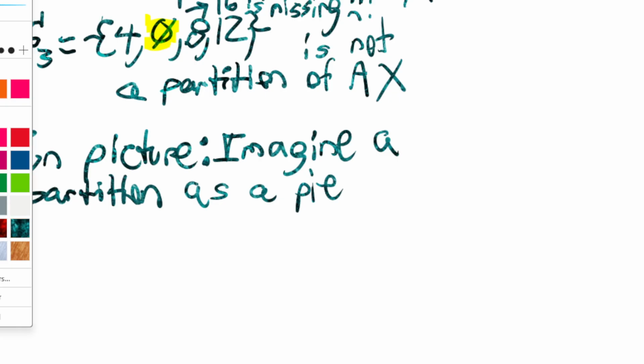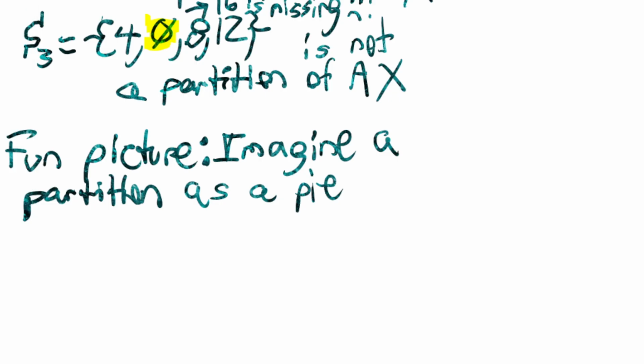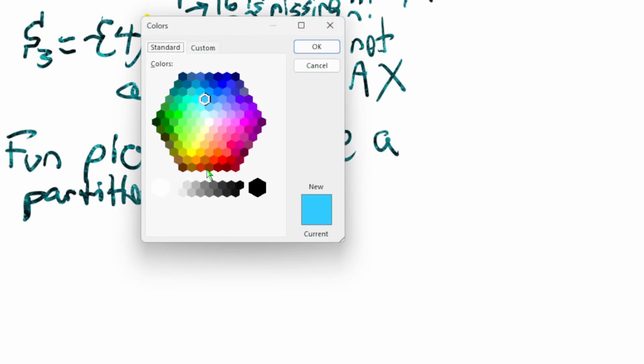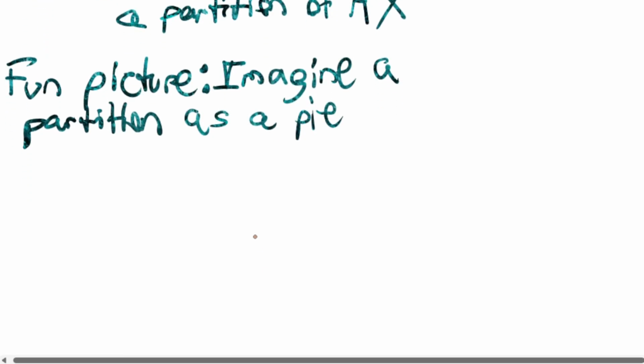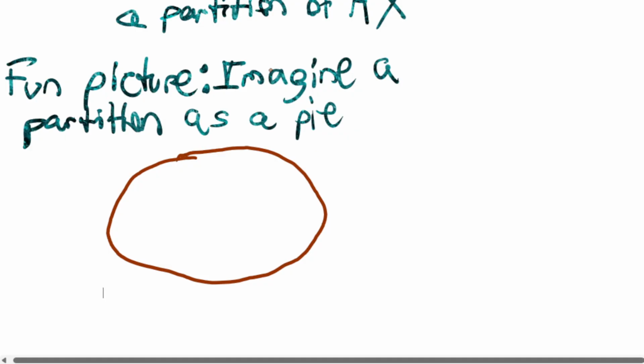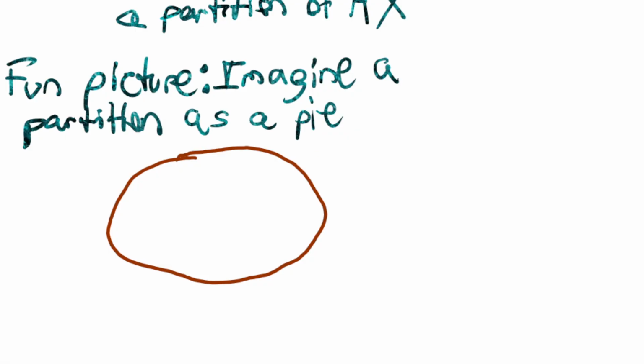We'll get a little colorful with our colors here. Let's see if I can get brown on here. That should be close enough. So we'll just draw a big circle. Then we'll try to color it in here.